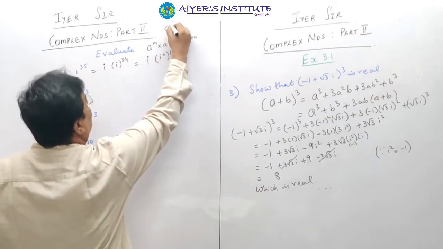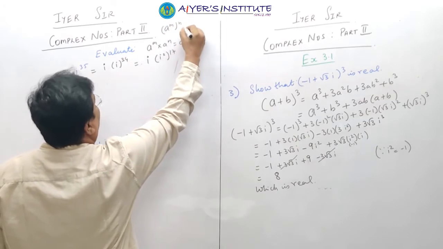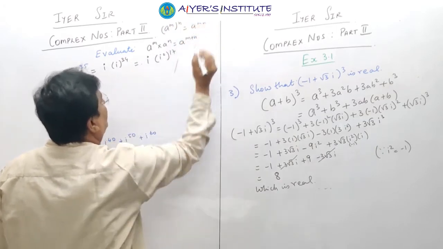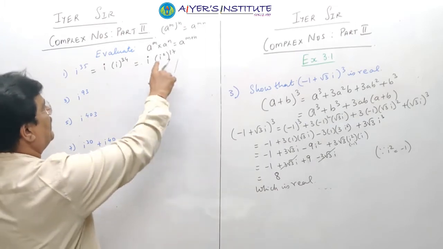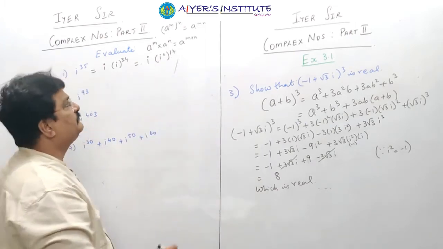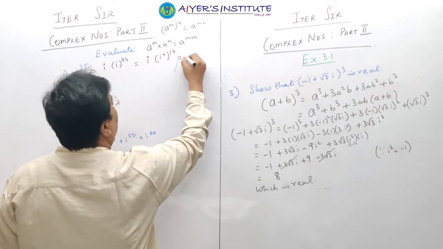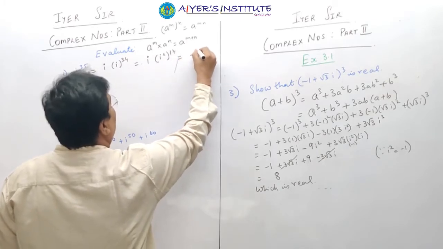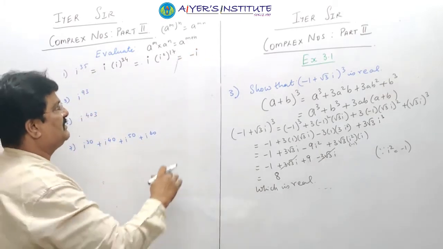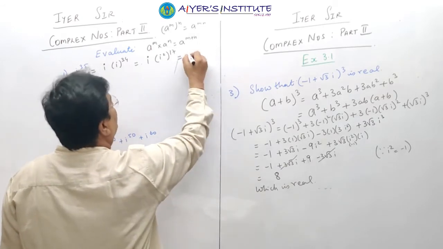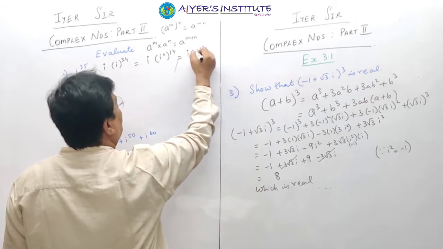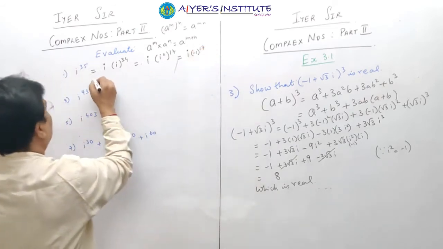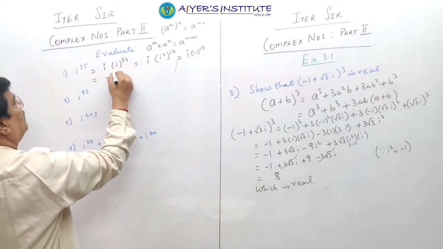This is a raised to m, the whole raised to n is a raised to mn. So knowledge of indices or powers to some extent. i square's value is minus 1. Minus 1 raised to an odd number will be minus 1. So you will get minus i. How do we get it? Minus 1 raised to 17, if this is odd, minus remains. So the answer will be minus i.